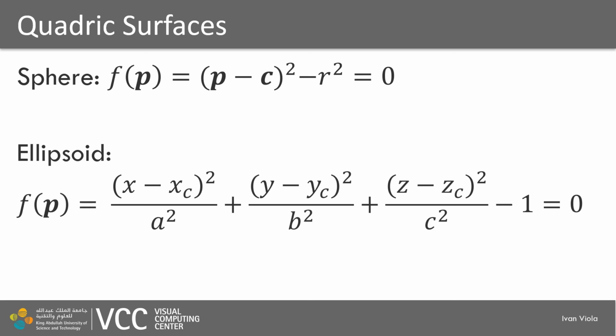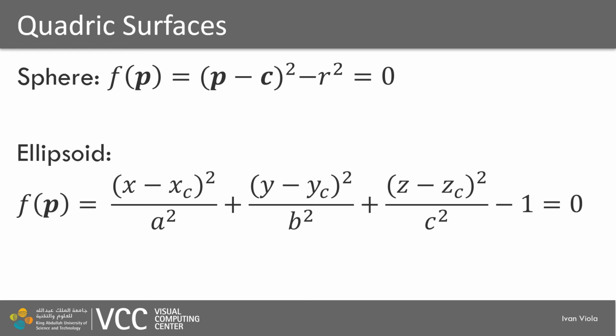Here we have an example again of an ellipsoid, which is an axis-aligned ellipsoid defined in 3D. So now we no longer have an ellipse, but an ellipsoid surface. We can see that the terms are very similar.